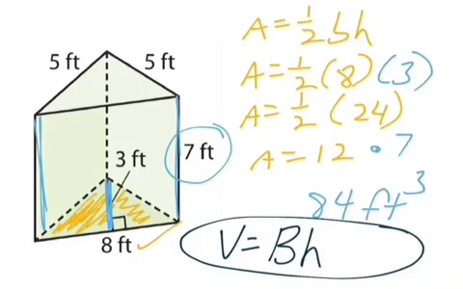It just happens to be a triangle, not a rectangle or a square. So you have to remember that the area of the base is 1/2 the base times the height. And then you multiply it again times the height, and that gets you the volume. So it looks like the same exact formula as finding the volume for a rectangular prism, but you have to solve for the area of the triangle first.